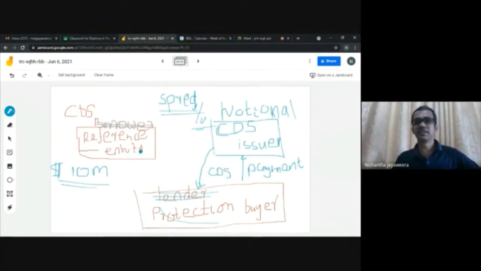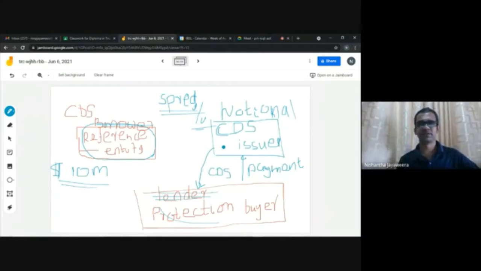The credit risk of this entity is increasing. That's why the protection seller needs more premium, because he is taking more risk. So we can use the CDS spread as a gauge to measure the credit risk of a party.